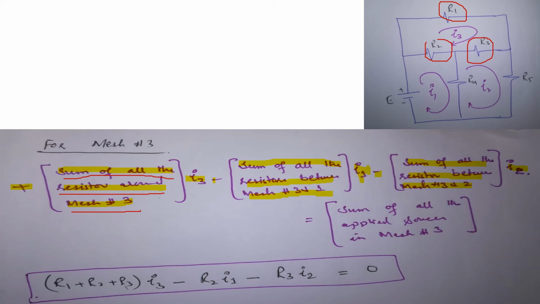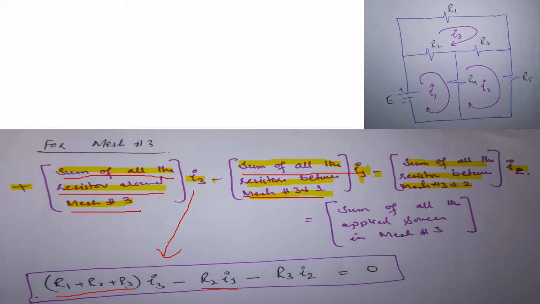So we write (R1 + R2 + R3) multiplied by I3, the current of mesh 3, minus the sum of all the resistors between mesh 3 and mesh 1. You can see that R2 is the only resistor between mesh 3 and mesh 1, so we write minus R2 into I1.